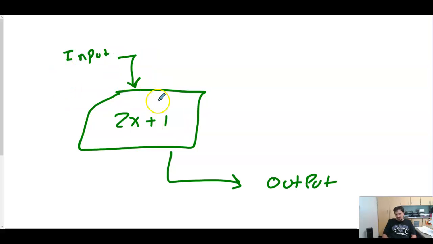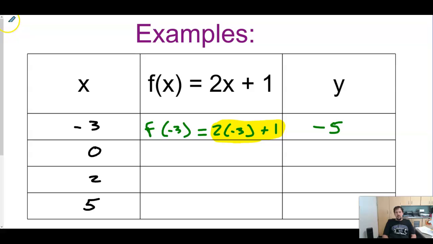That's all we're doing right now: figuring out what's happening inside this machine and getting an output. All right, so let's do another one. Now we're going to do f of 0, because we picked x to be 0. And then we're going to do 2 times 0 plus 1. 2 times 0 is 0, plus 1 is 1. So the machine spits out a 1 after I put a 0 into it.